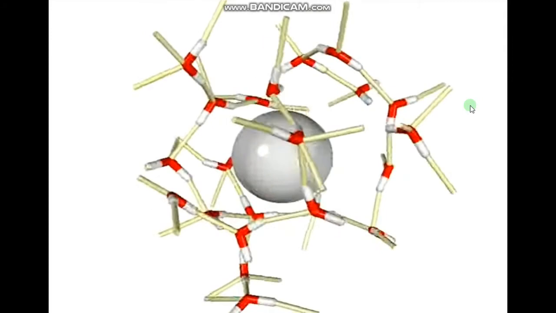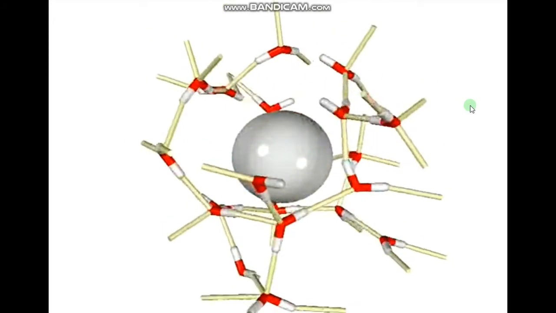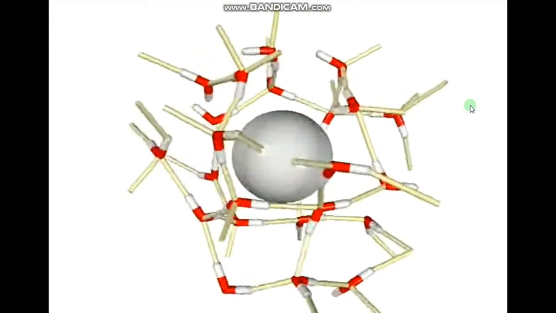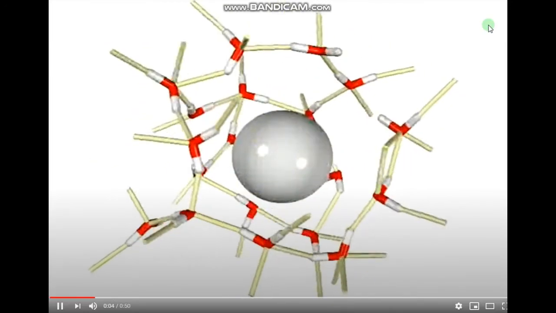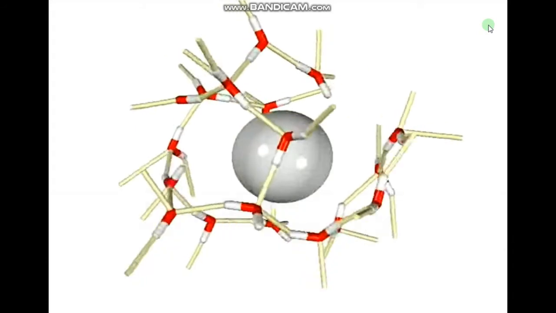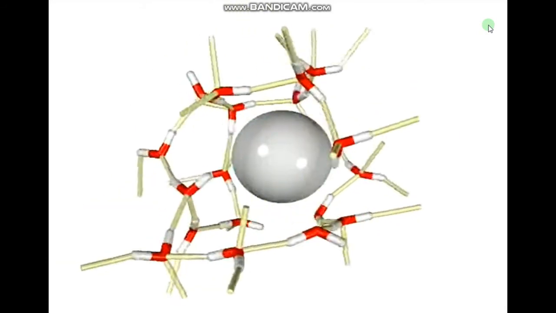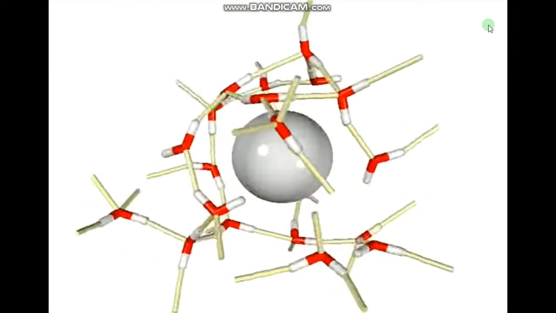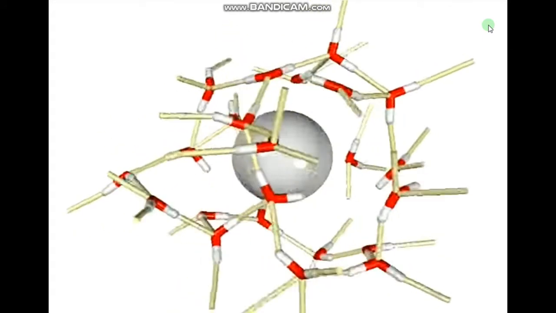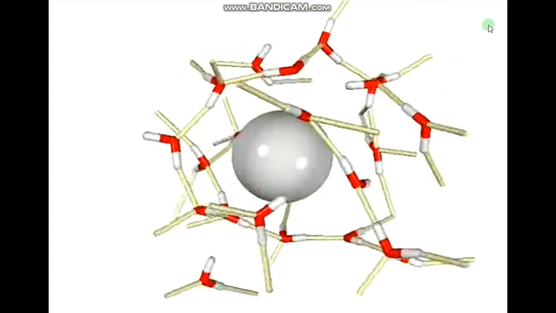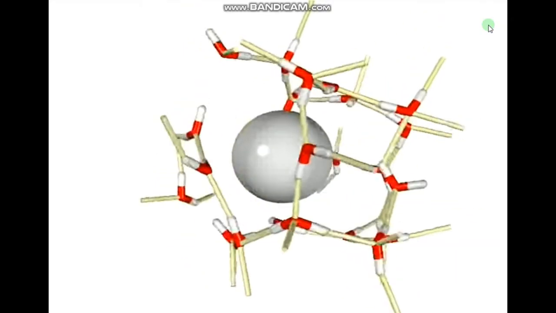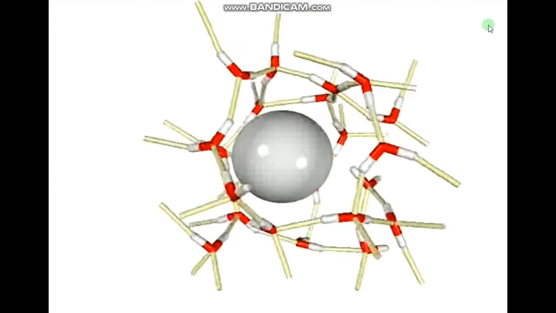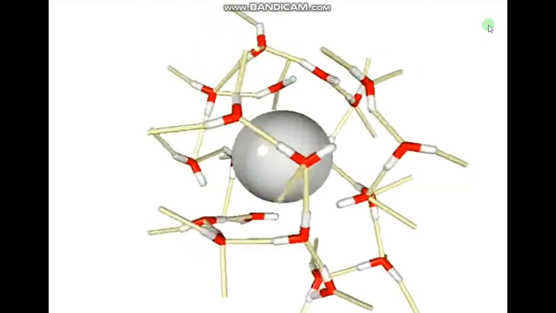So this layer of water immediately surrounding the nonpolar group is actually behaving more like a layer of ice, where the molecules have some ability to move in a sort of vibrational way, but they can't rotate around and form completely different hydrogen bonds a femtosecond later than they were a femtosecond before, and they can't translate to different positions in the way we saw them doing in bulk water.